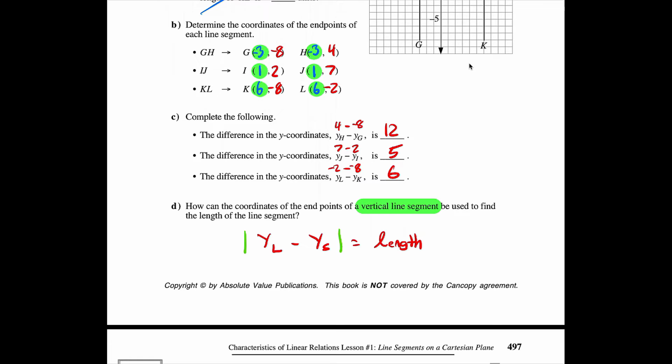And again, if I did it backwards, it's going to work out because we're doing the absolute value. So really what we're looking at is y2 minus y1. The absolute value of that is going to give us the length of that line.